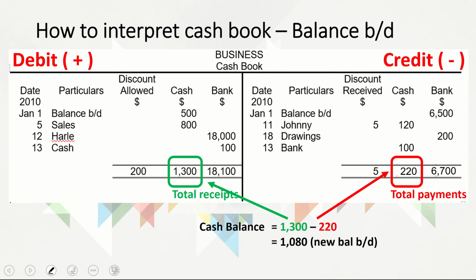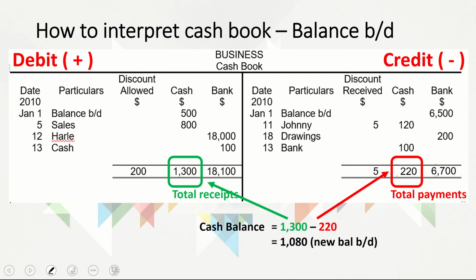So let's start. If I want to calculate the cash balance for my cash book for the month of January, what I need to do is to take the total receipts, the total debit balances, minus away the total payment or total credit balances.